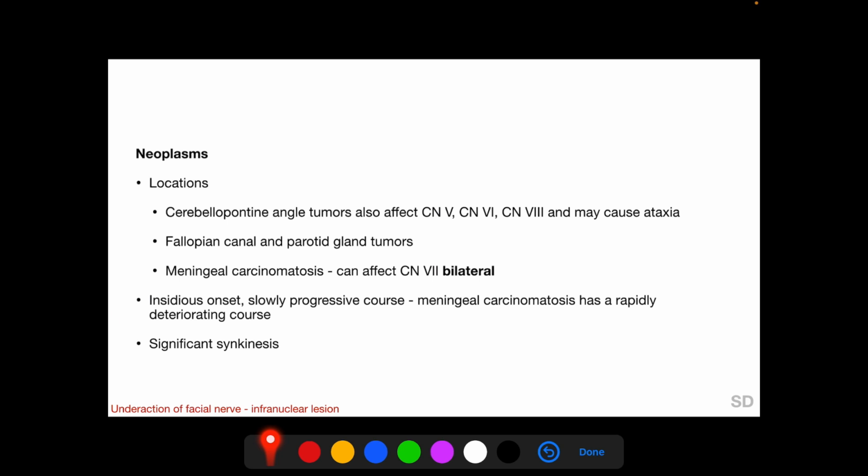Facial nerve palsy from neoplasms has an insidious onset and a slowly progressive course, with the exception of meningeal carcinomatosis, which has a rapidly deteriorating course, and neoplasms have significant synkinesis.